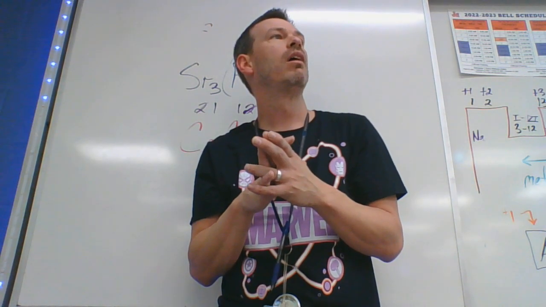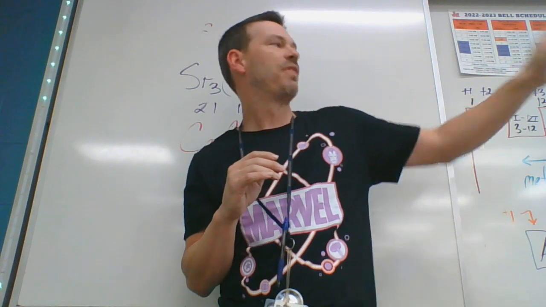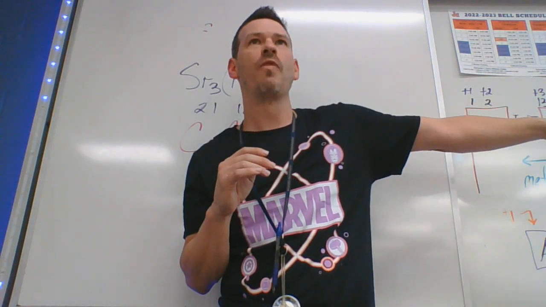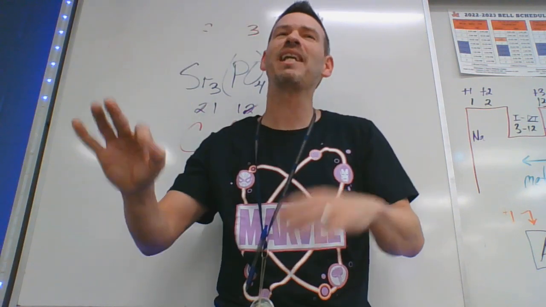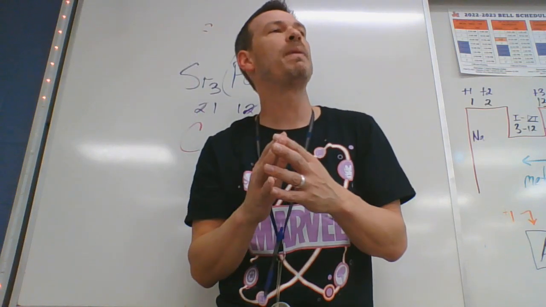Now, to make your life awful, the last bullet on the screen mentions that zinc, cadmium, and silver don't use Roman numerals. Those are transition metals. The reason there are 3 that don't is because there are 3 that only have 1 charge.